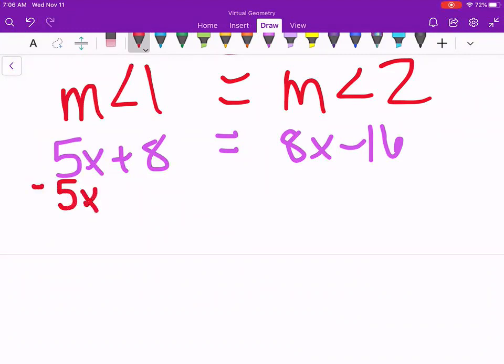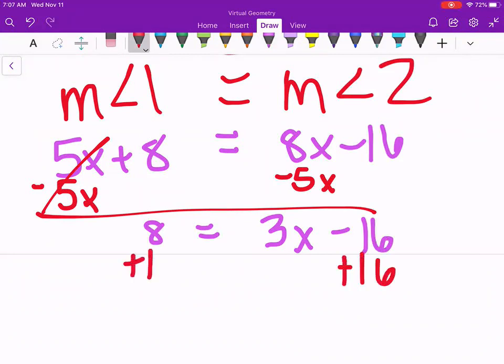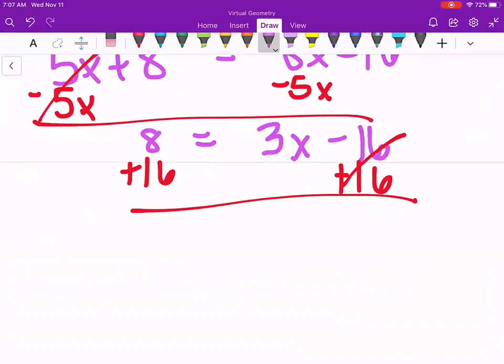So minus the 5x to both sides because 5x is smaller than 8x. So 8 equals 8x minus 5x. Leaves me with 3 x's left over, minus 16. Now we can add that 16 back. 8 plus 16 gives 24, which is equal to 3x.